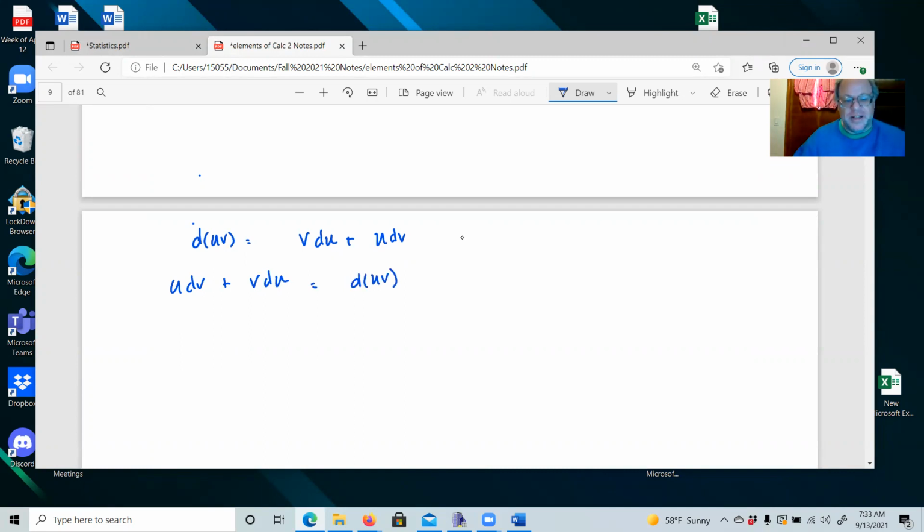My goal here is I want to take the integral of both sides, but not yet. We're going to slide some things around just a little bit first. So I want to subtract v du from both sides. So I have u dv is equal to the derivative of uv minus v du. Okay, this is integration by parts.